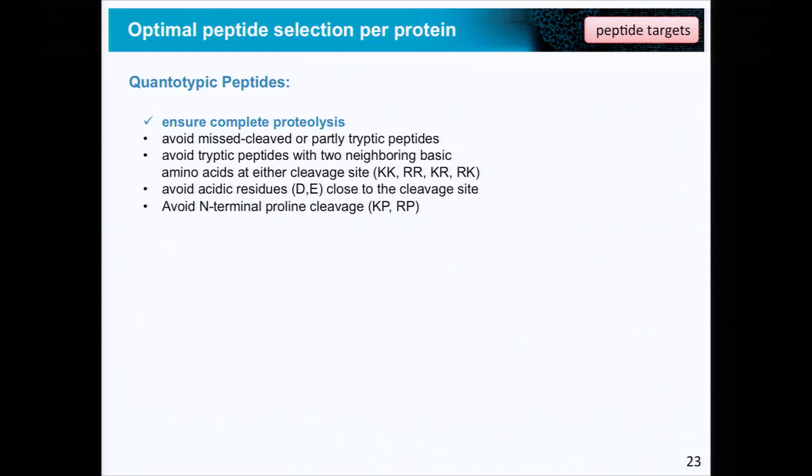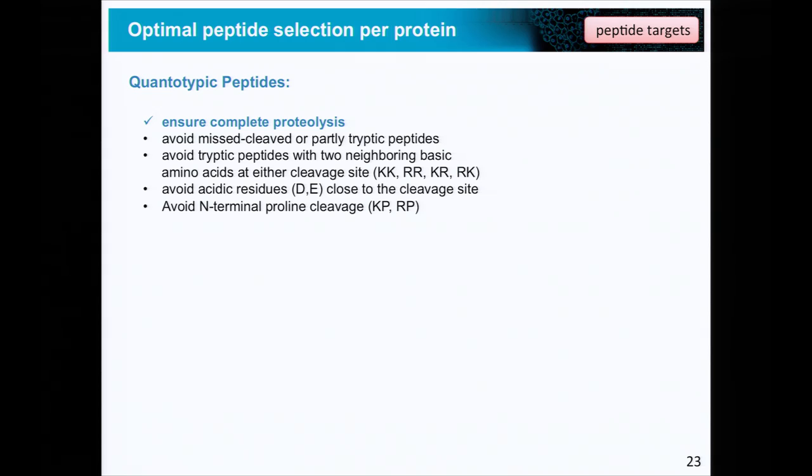When you work with trypsin, it is already well known that, for example, miscleaved or partly tryptic peptides, so peptides with non-tryptic ends, are not ideal for quantification because you will never be sure how much of this peptide actually is miscleaved or partly tryptic.